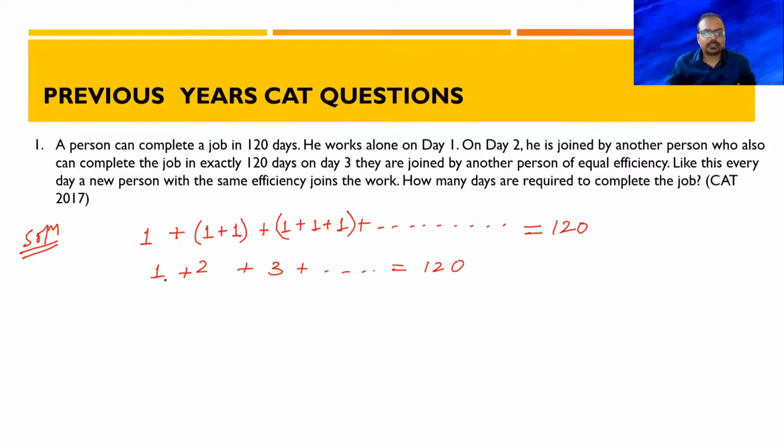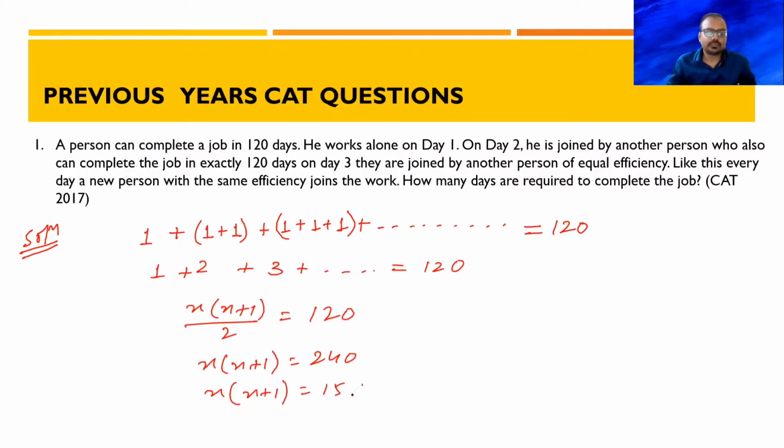Now as you see, 1, 2, 3 are nothing but consecutive numbers. So what is the sum of consecutive numbers? It is n into n plus 1 divided by 2, which is equal to 120. So n into n plus 1 equal to 240. Now we know that n into n plus 1 equals 15 into 16. So from here we can directly say how many days are required to complete the work? That is 15 days.